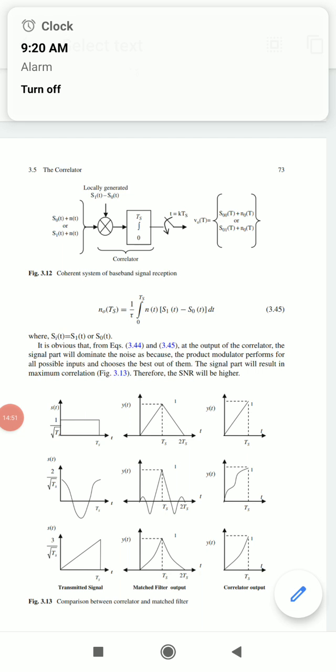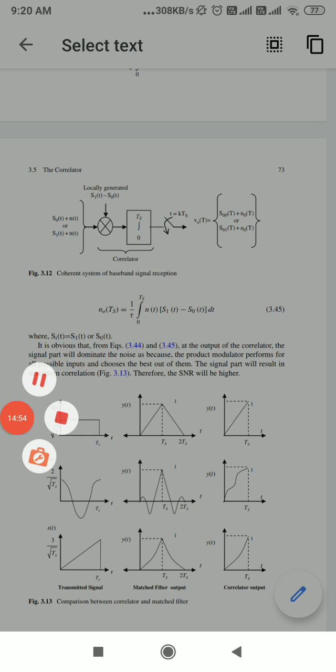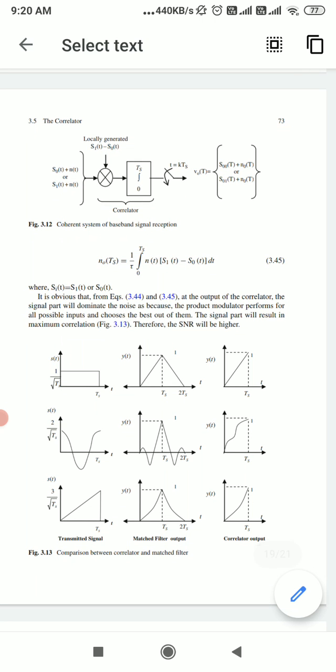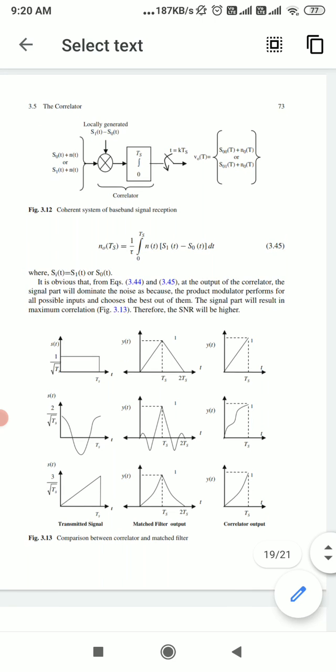So here we can use either a correlator or a match filter. We have seen how we can use a correlator instead of a match filter, because a correlator gives the same performance when compared with the match filter.